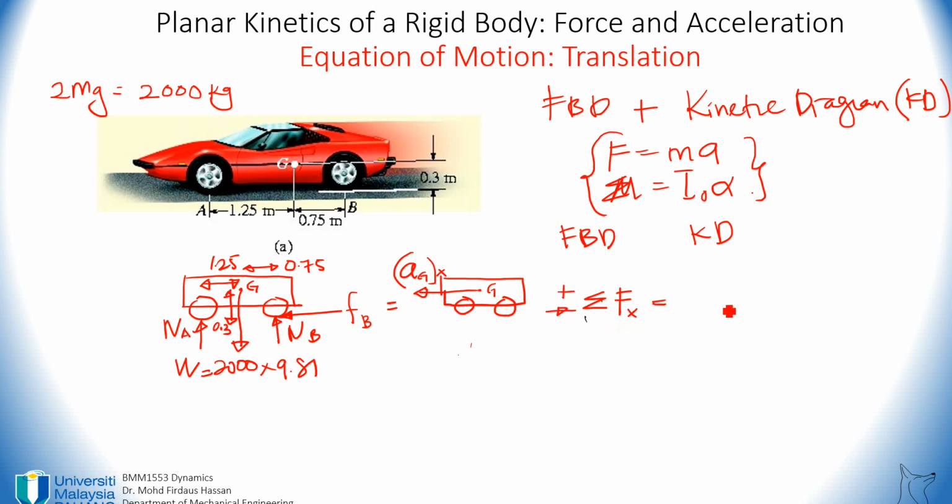So it's equal to m a_Gx. But bear in mind that the positive to the right does not refer to F only, but refers to A as well. The positive sign is to the right.